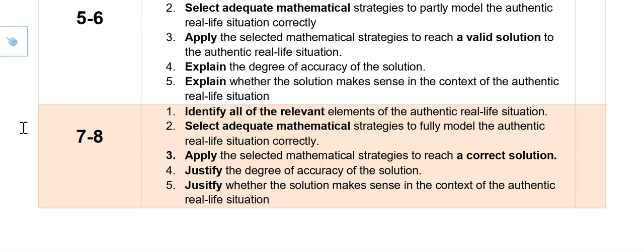Degree of accuracy. So over to you. What does it mean, Matthew? If you're measuring like height, if you're doing something that involves measuring, why did you choose centimeters? Why did you choose feet and inches? Why didn't you choose millimeters?